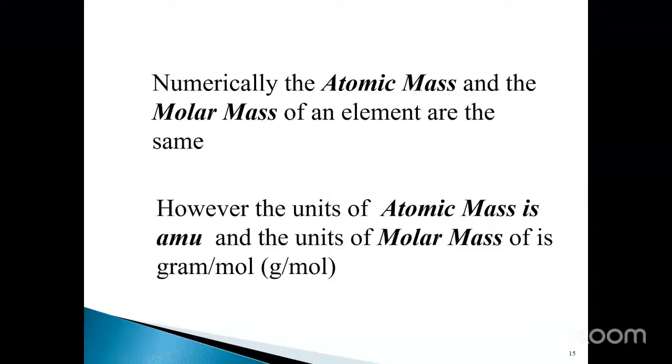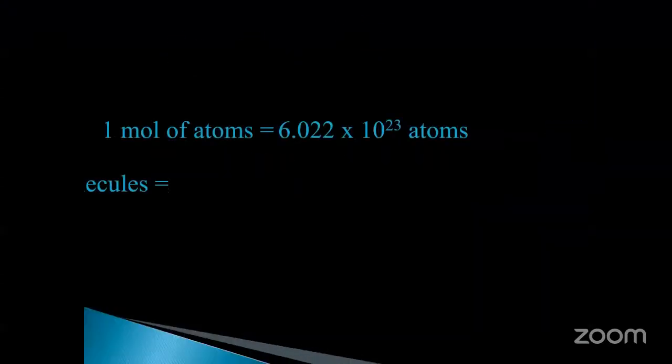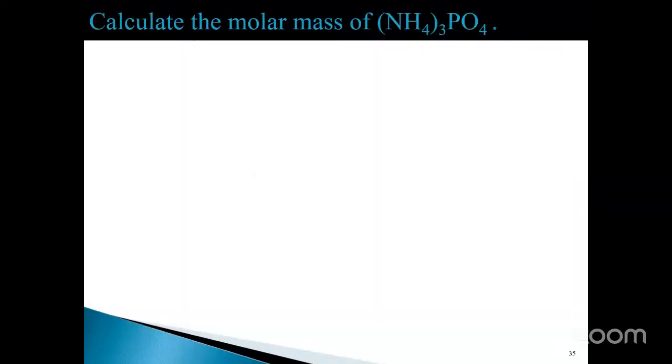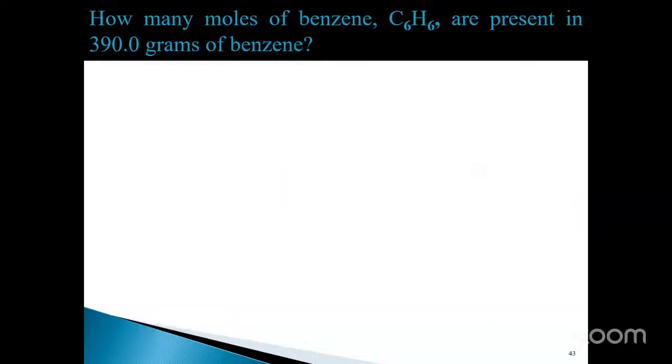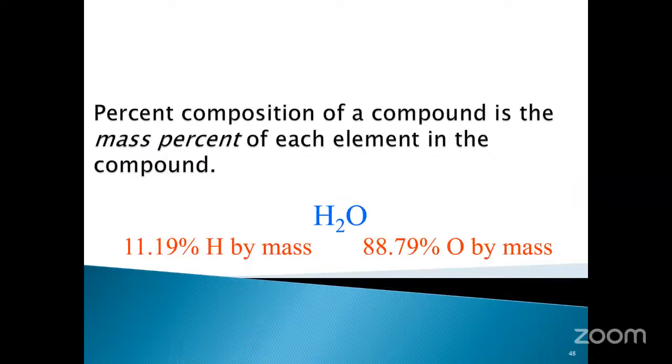Let's talk about percent composition. I don't think we talked about that yet. Right, so when we're talking about the percent composition of a substance, we're talking about the percentage of mass of each element present in the formula of the substance.